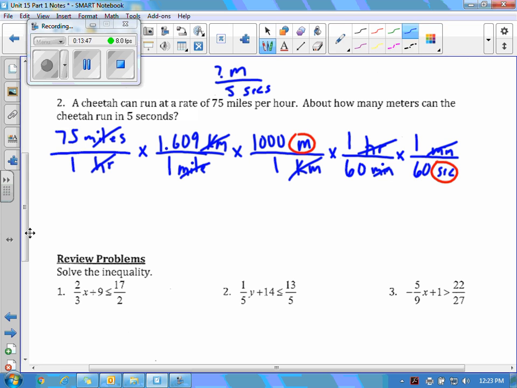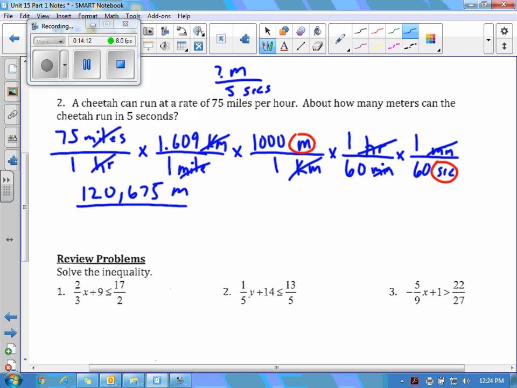Okay, so now I can go ahead and multiply. When I do 75 times 1.609 times 1,000, and when I multiply all that together, I get 120,675 meters. That's 75 times 1.609 times 1,000.